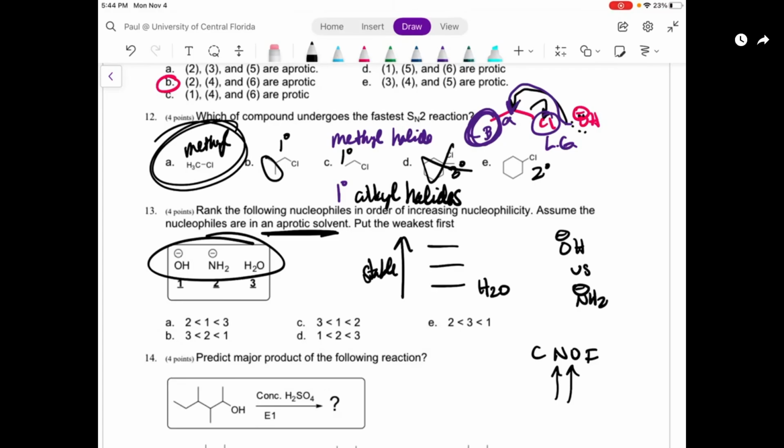So that would mean that OH, or the hydroxide, is the next in stability, and the NH2 minus is the least stable, which makes that the most reactive or the strongest nucleophile. So for problem 13, the answer would be C.